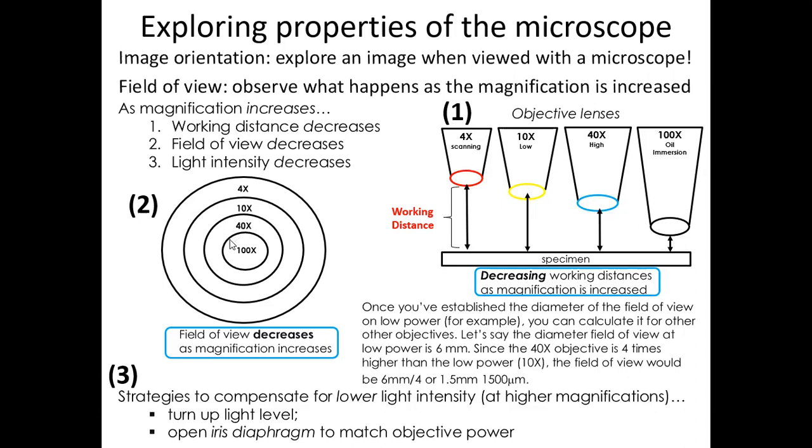All right, also, as you increase magnification, you're decreasing your field of view. All right, so when you're on the 4x objective, you can see this entire ring, let's say. But when you switch to the 10x objective, you're actually zooming in so that you're only seeing this much of the original sample, all right? And the same with 40 and the same with 100.